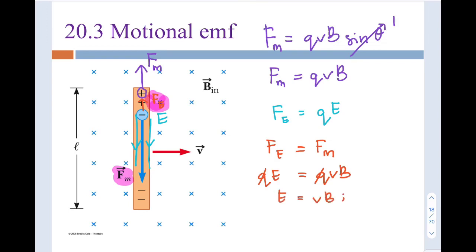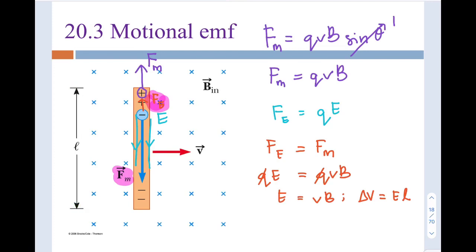Not to forget, from a previous topic, we learned that delta V or EMF, the potential difference within an established electric field, is equivalent to Ex, or in this case EL, because this is the separation distance between the top section and bottom section.